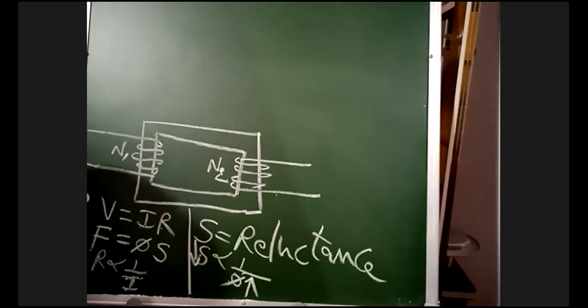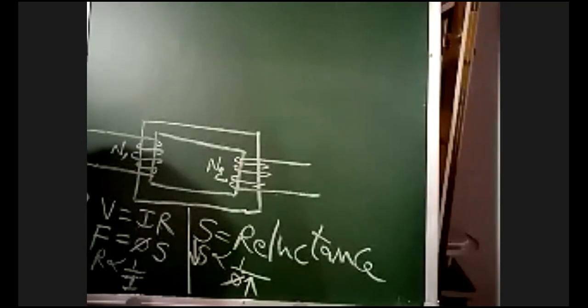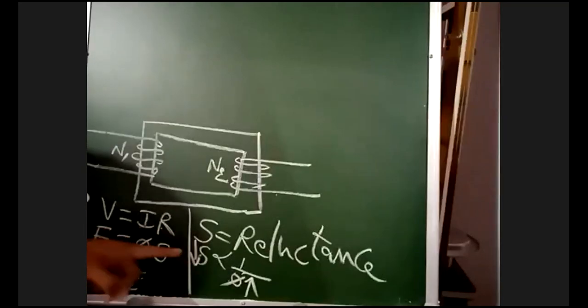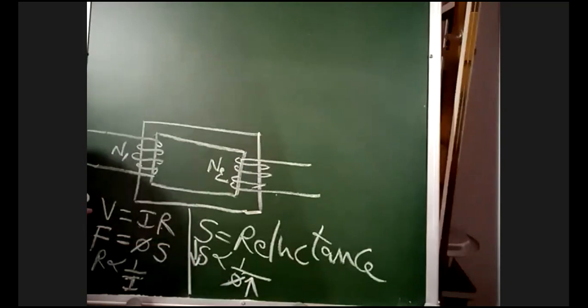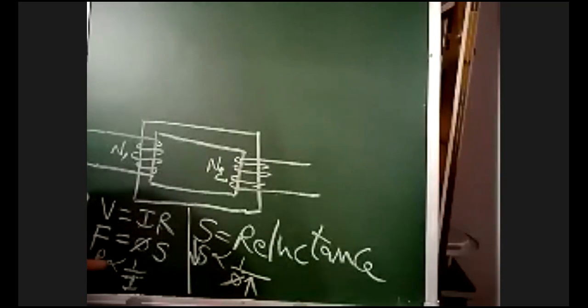Sir, what is meant by reluctance? Reluctance means which opposes the flux. In the electric field, we are having resistance. Resistance is inversely proportional to current; it opposes the current.